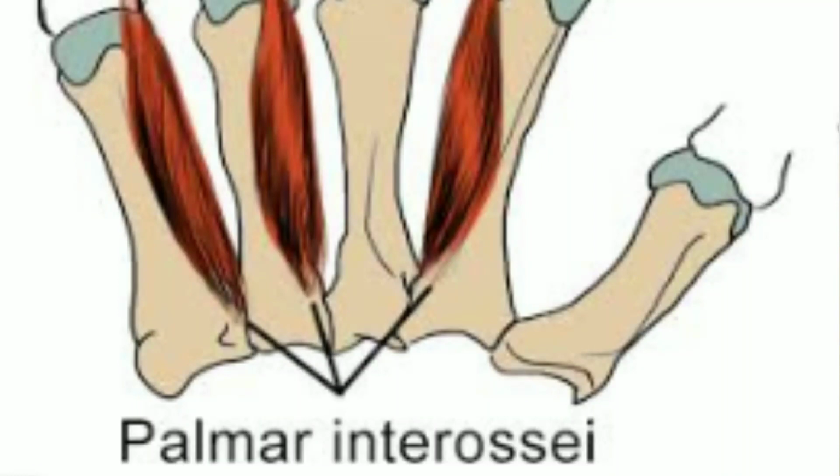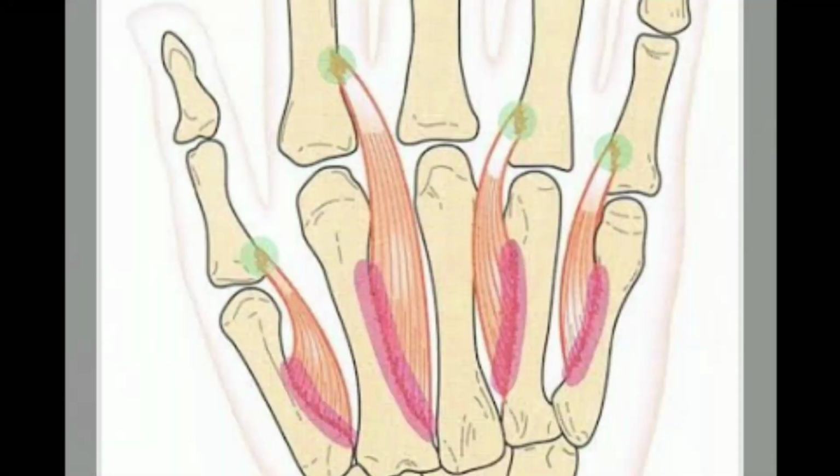The first palmar interosseous originates from the medial border of the base of the first metacarpal, the second from the medial border of the shaft of the second metacarpal, the third from the lateral border of the shaft of the fourth metacarpal, and the fourth from the lateral border of the shaft of the fifth metacarpal.